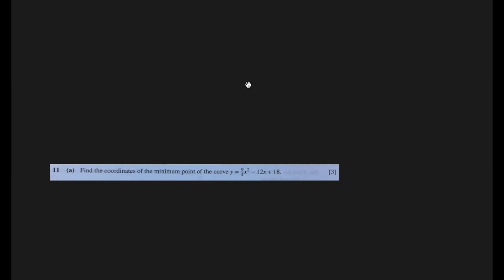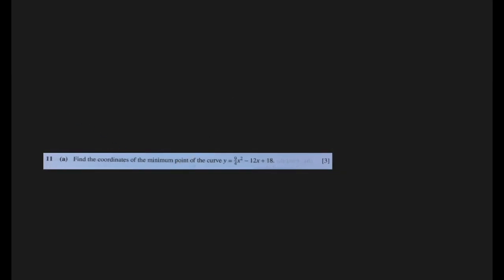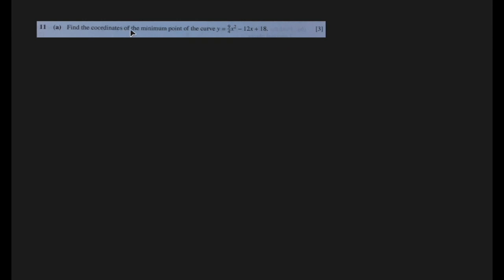Question number 11 is here. I think this is the last question. Find the coordinate of the minimum point of this function. So for the minimum point, dy over dx has to be equal to 0. So let's differentiate this. Dy over dx will be the differentiation of 9 over 4 x square. 9 over 4 remains 9 over 4, but 2 comes in front and the exponent of x goes down by 1. Minus 12 and minus 12 only.